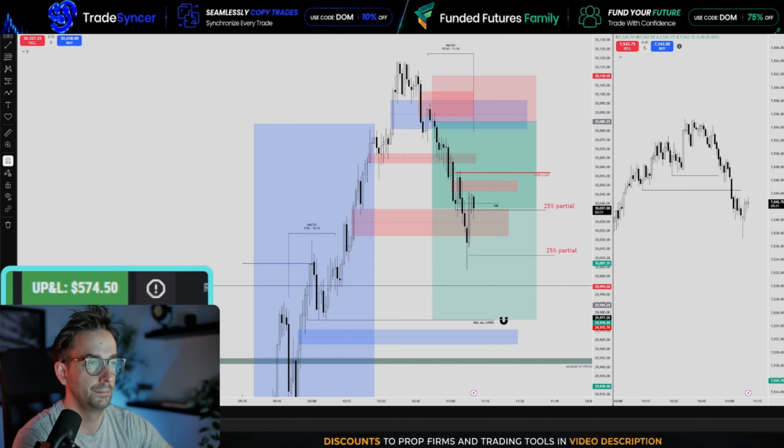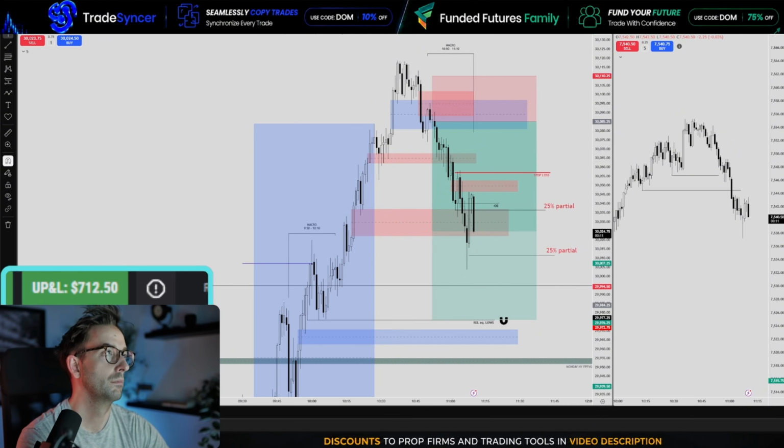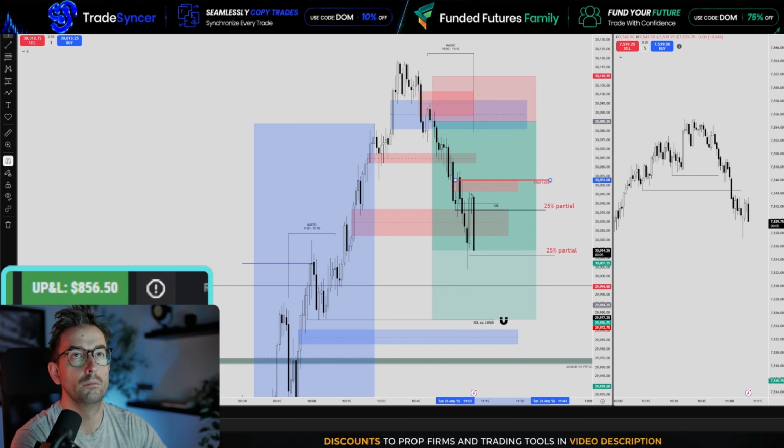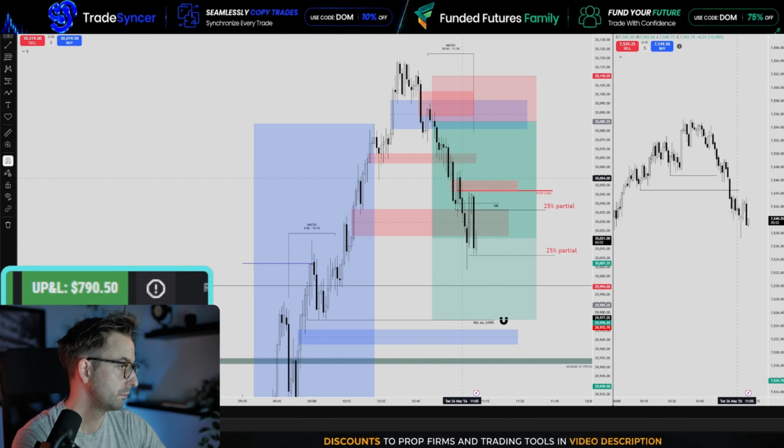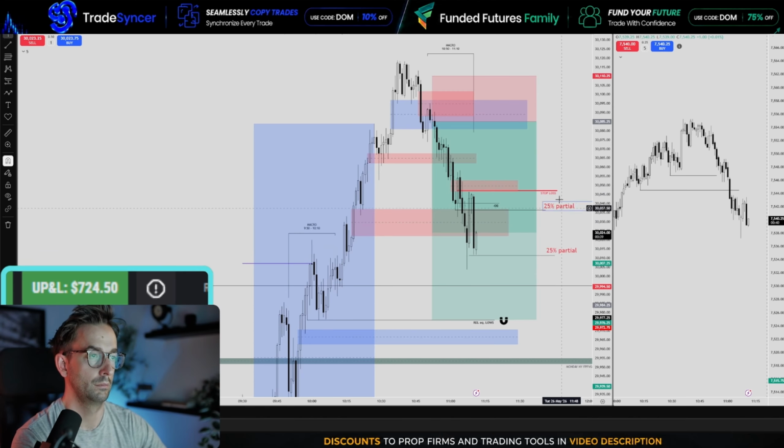You can see here quite an aggressive push to the downside. I've pushed my stop loss just above those up close candles, which are going to act as another bearish order block. And I took another partial here right below these levels.